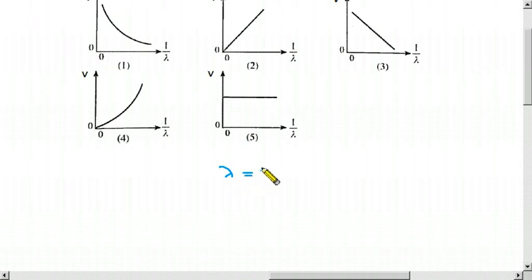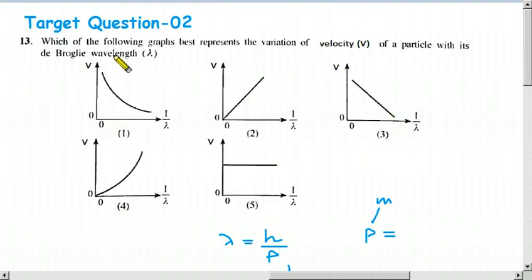Lambda equals h divided by p. Lambda equals h divided by mv, because p is the momentum.